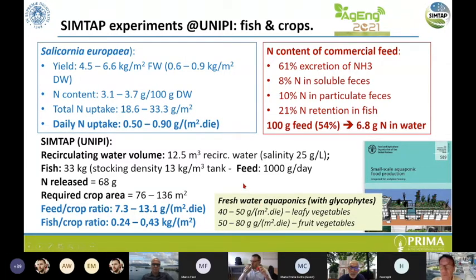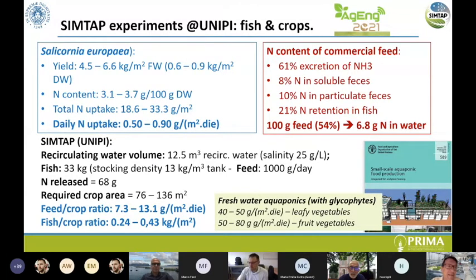This is due to the presence of salt in the water, so the halophyte plants can remove less nitrogen than freshwater crops. So those are some results of our experiments.